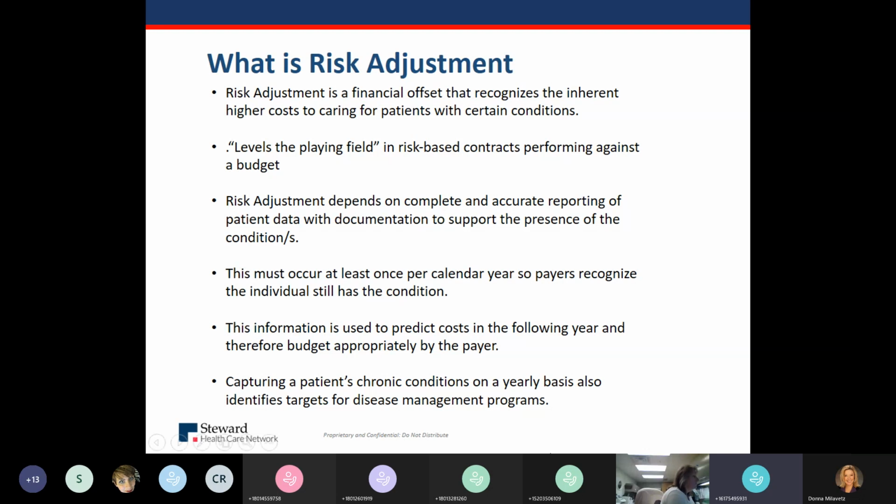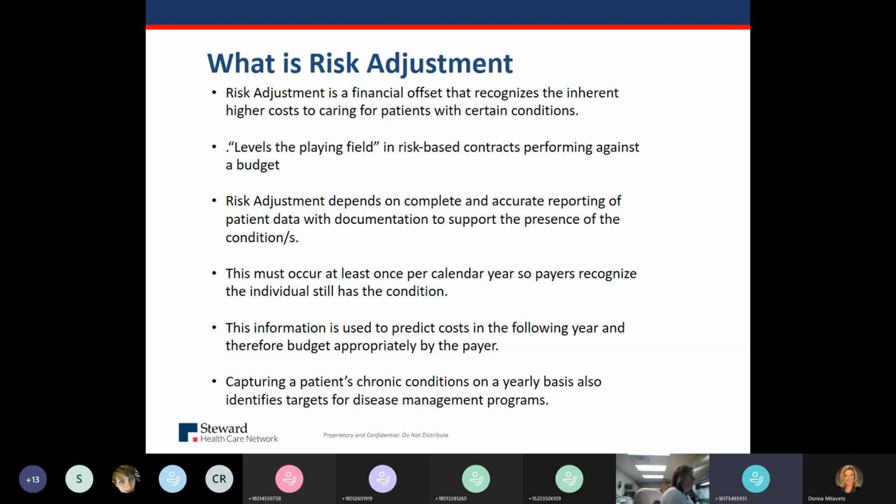When these risk conditions are captured, the information is used to help predict costs for the patient for the following year for Medicare, and within the same year for commercial and Medicaid. So it's not just all about the budget, although obviously that's very important.